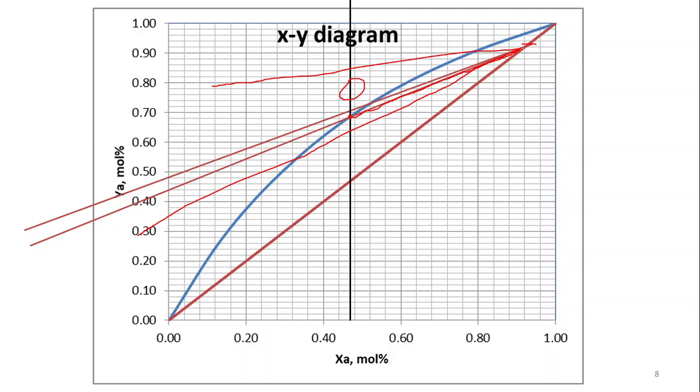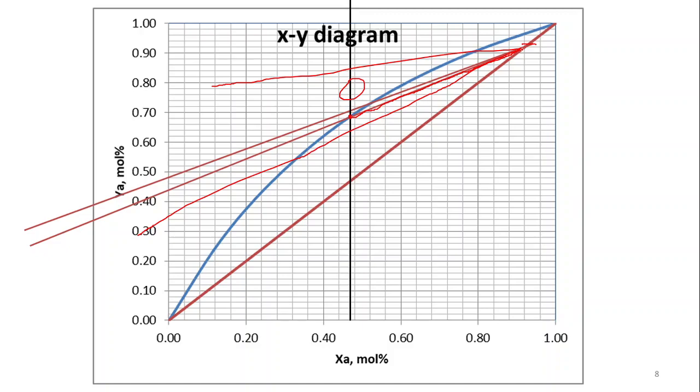You can find this value very easily, and with the help of this value you can find the actual value of R depending on the conditions of the feed and the other parameters. So this is about the minimum. What is the disadvantage of the minimum reflux ratio? Can we go for it?